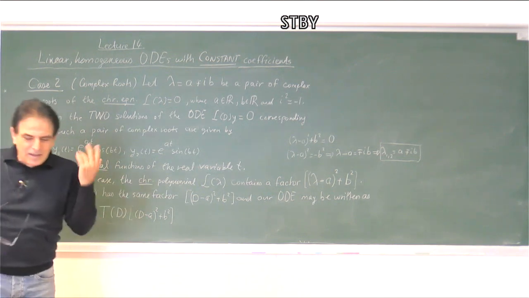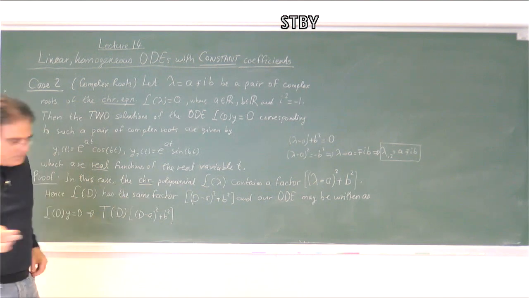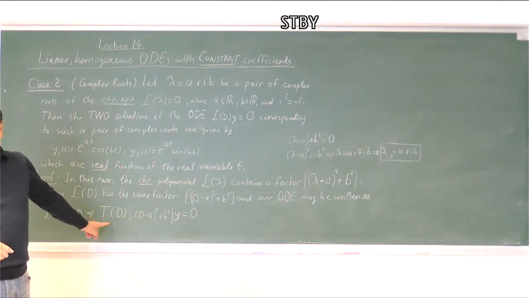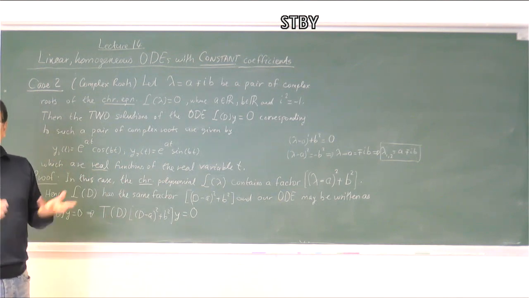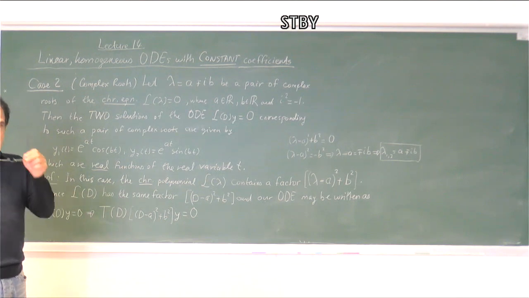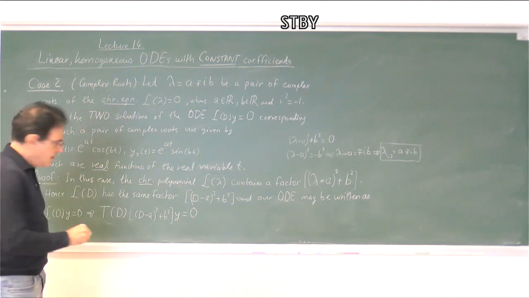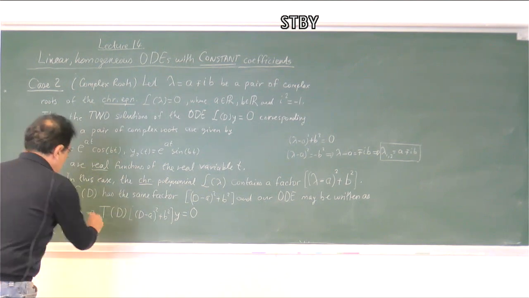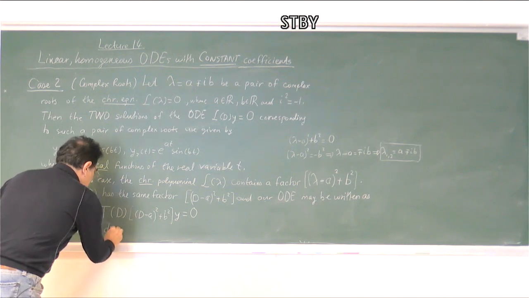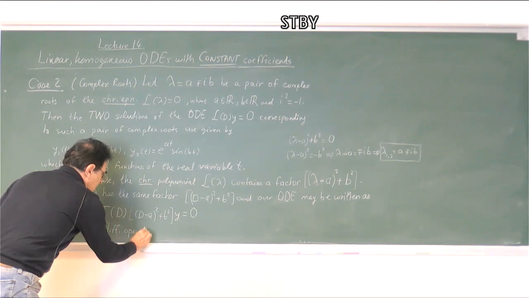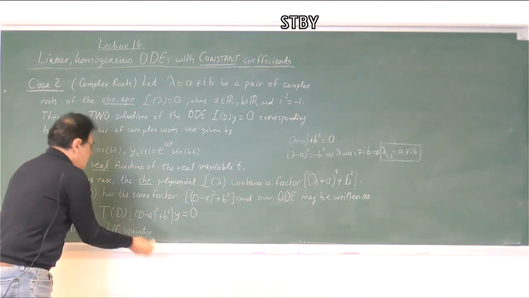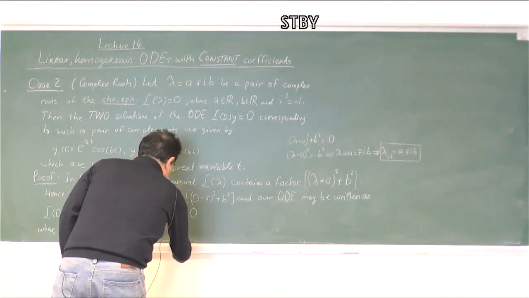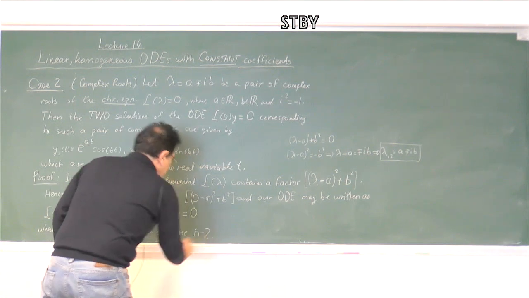It is unnecessary to find it explicitly, but T of d is a linear operator in the form of a polynomial in d, a differential operator of the same type as L of d, of degree n minus 2. Okay?